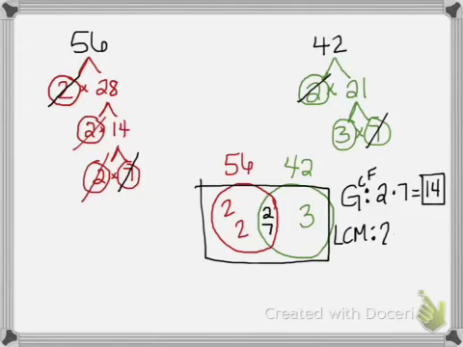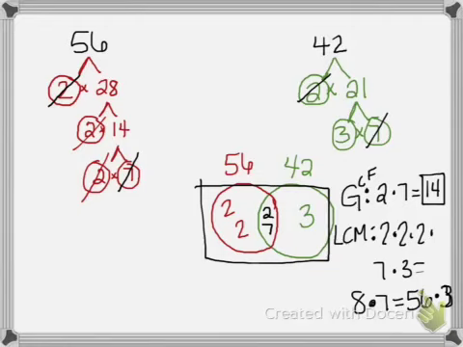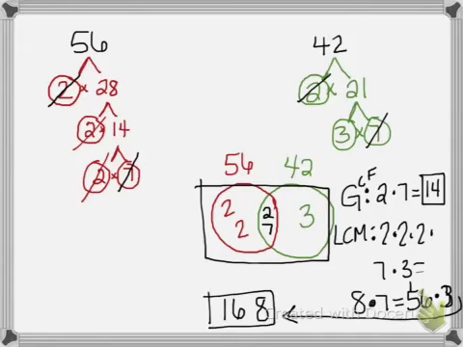So it's 2 times 2 times 2 times 7 times 3. 2 times 2 times 2 is 8, and 8 times 7 is 56. And 56 times 3, let me draw an arrow and put it over here, is 168. And we have found the GCF and the LCM of 56 and 42.